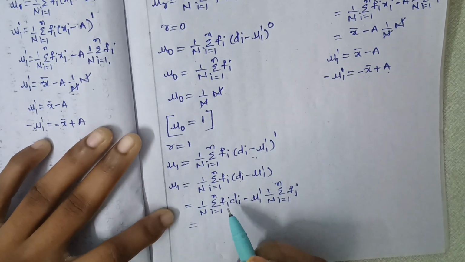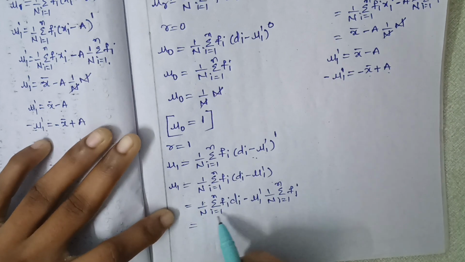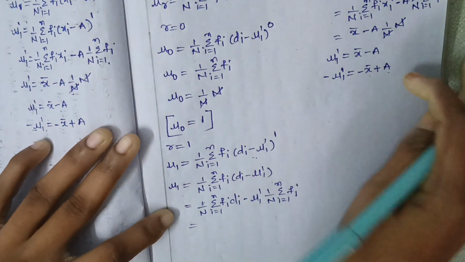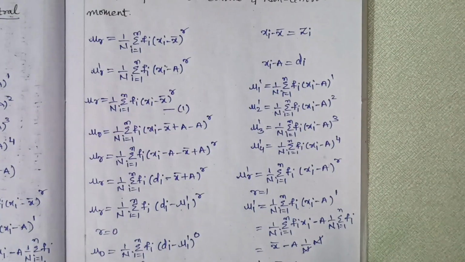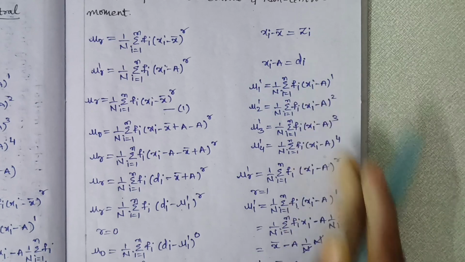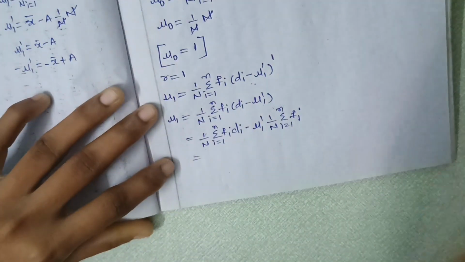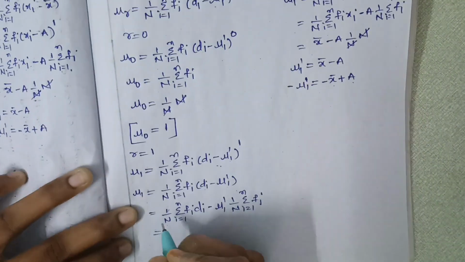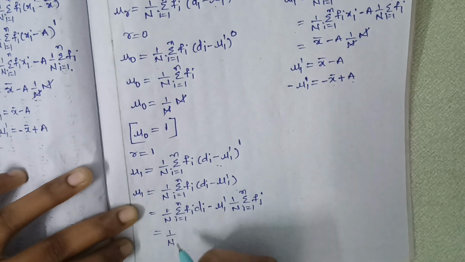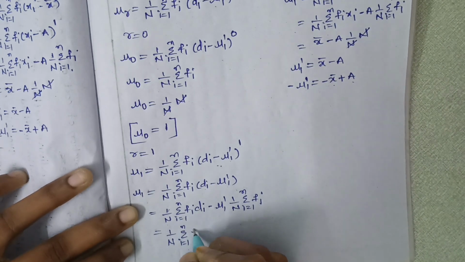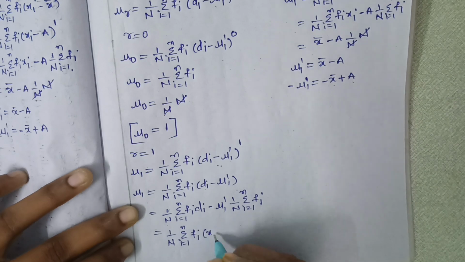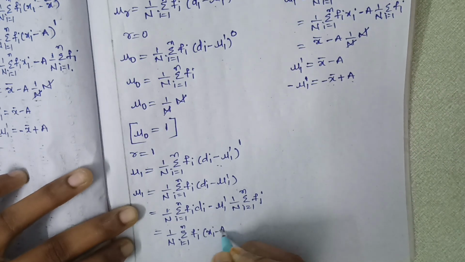Therefore we know 1 by n summation i equals 1 to n fi di. Here di is nothing but xi minus a. So I am writing here, see carefully. Therefore 1 by n summation i equals 1 to n fi into (xi minus a).